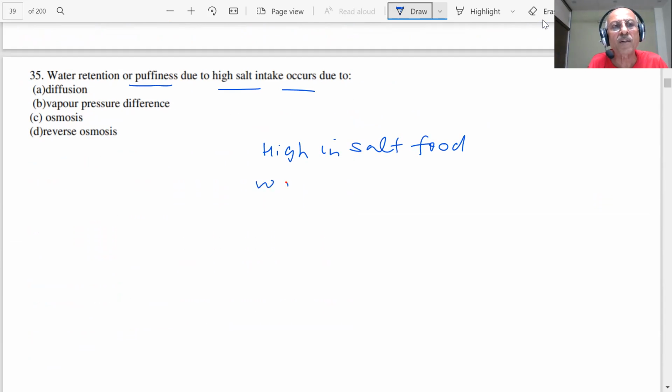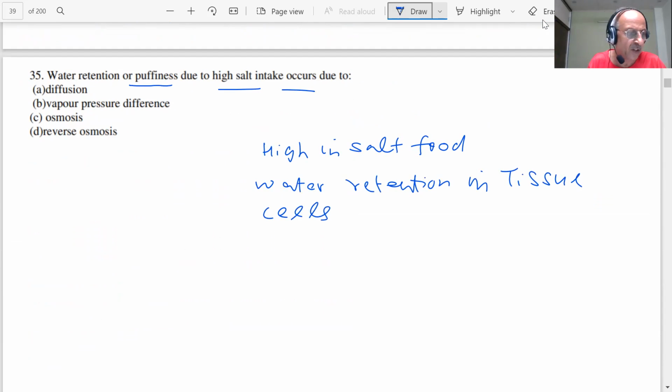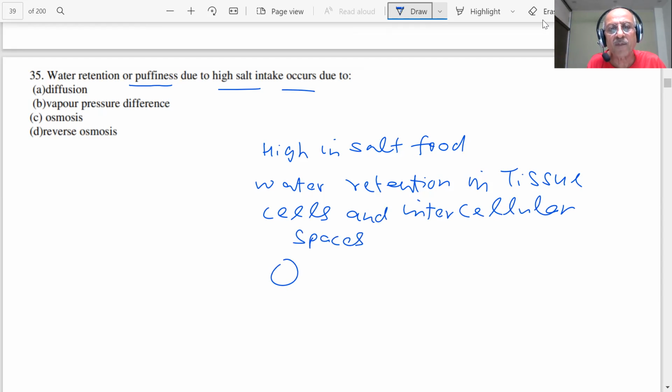Then water retention will take place in tissue cells and intercellular spaces. Why does this happen, student? This is what we know already, osmosis, and this disease we call edema.